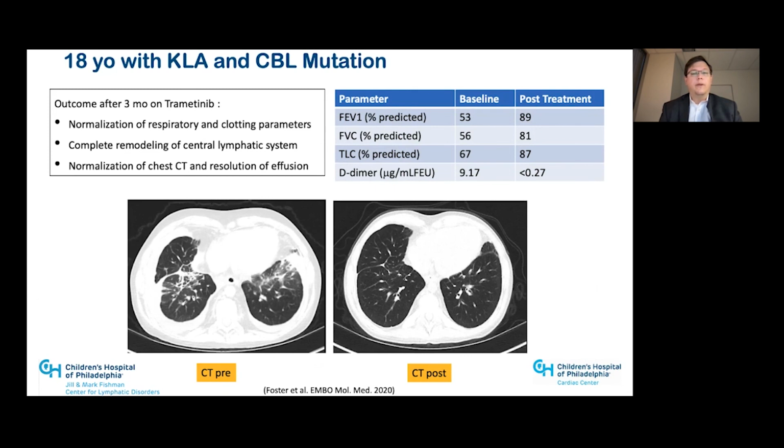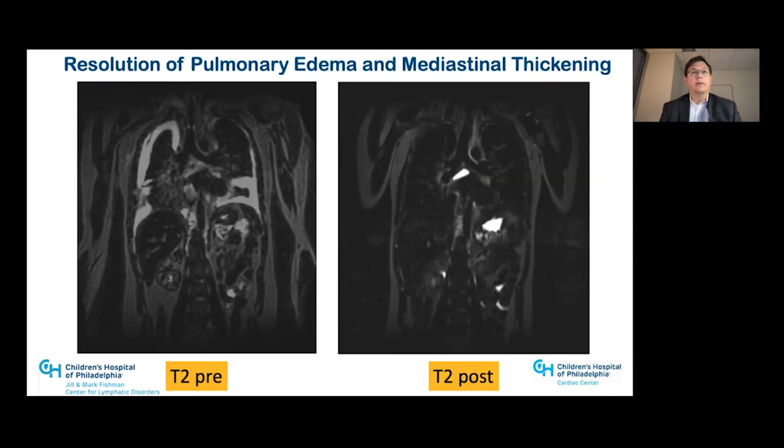But from an MR lymphangiography standpoint, from a T2 perspective, she presented with a significant amount of mediastinal thickening and bilateral pleural effusions. With the treatment of the disease, we saw a significant improvement, with resolution of her effusions, as well as a really decreased amount of mediastinal edema.